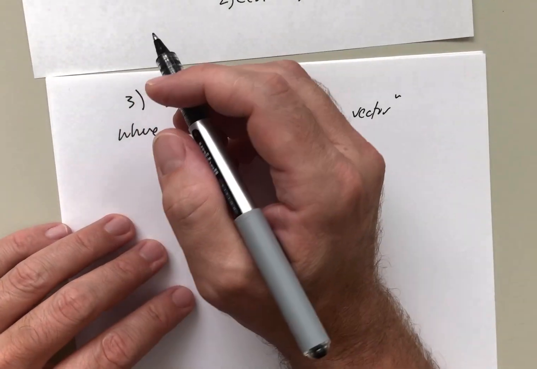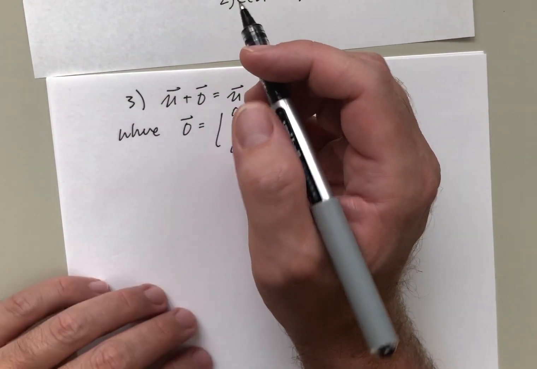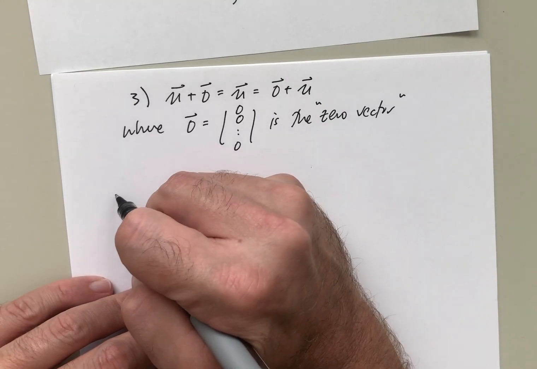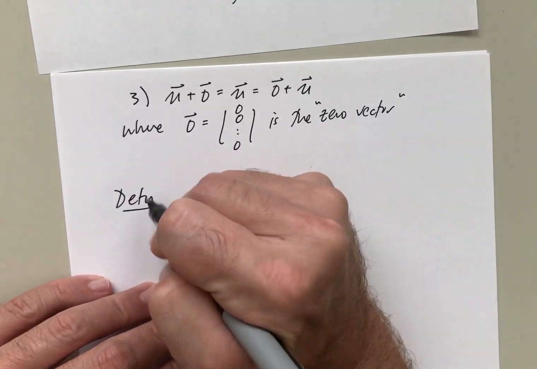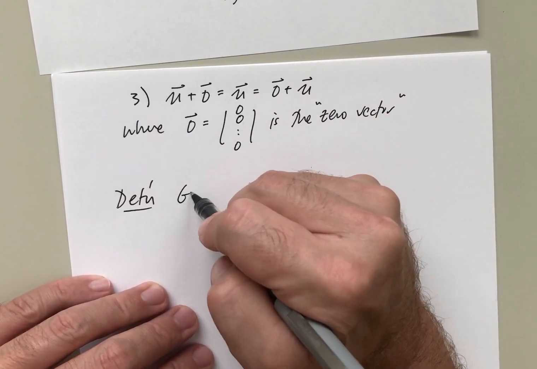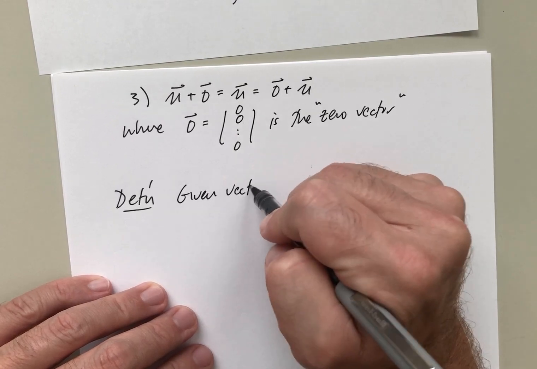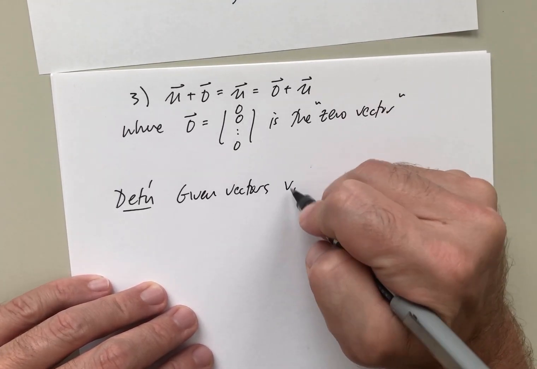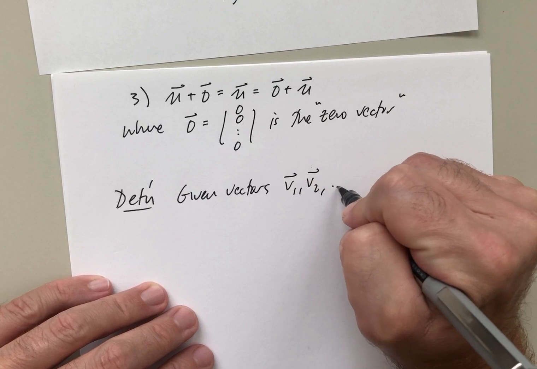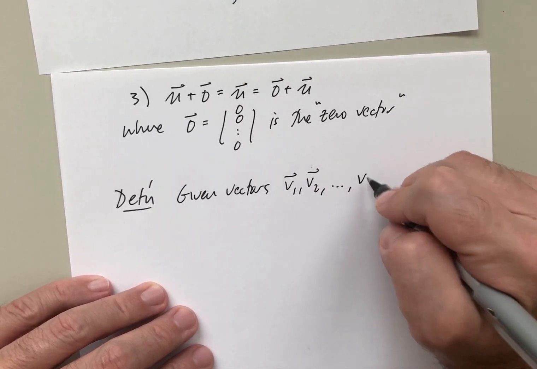Okay, so the main definition I want to emphasize now at the end of this video is the following. Suppose we're given vectors v1, v2 through vn.